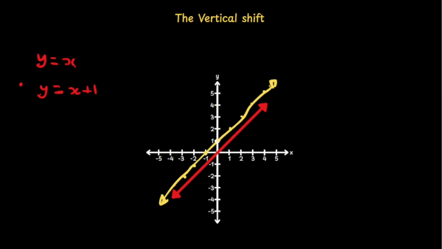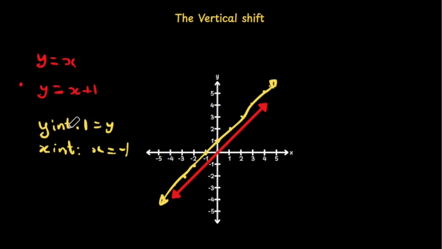So that y value at which the function cuts the y-axis would be 1. So this function would have a y-intercept of 1, right? And it would have an x-intercept, the point at which the function cuts the x-axis, at negative 1.